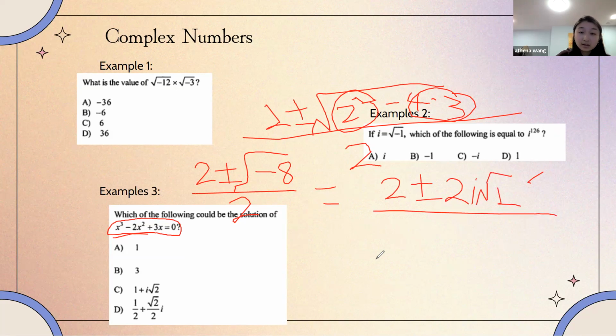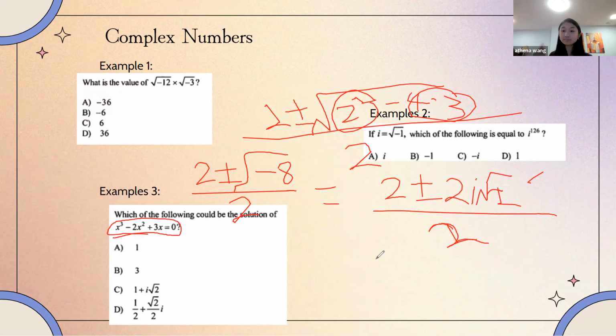So the square root of -8 is equal to i times root 8, and root 8 is 2 square root of 2, because we can just factor 2 squared out.